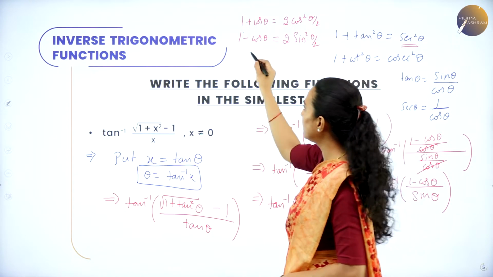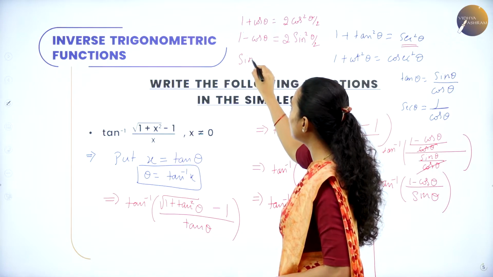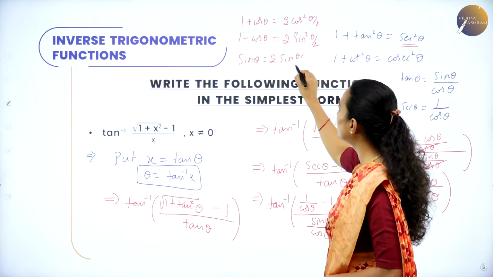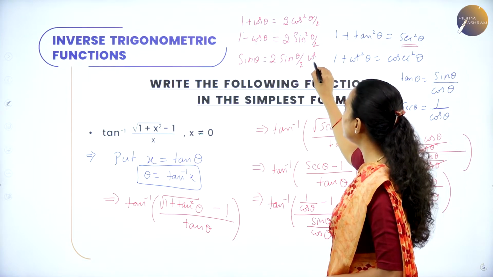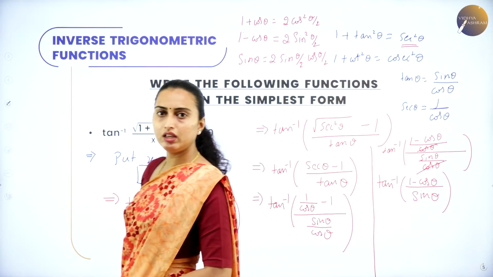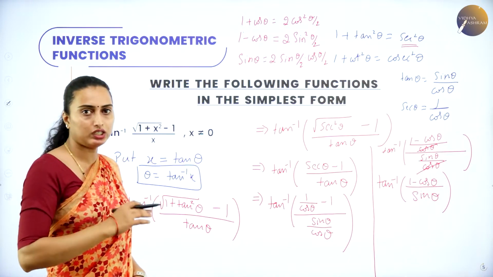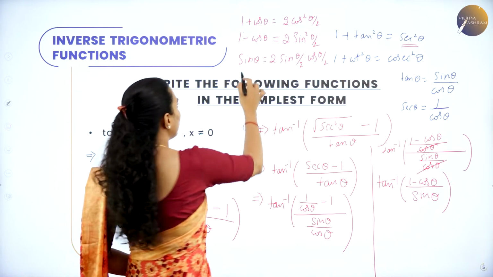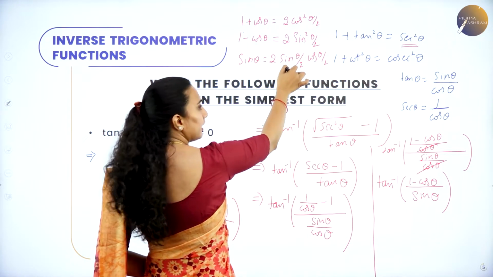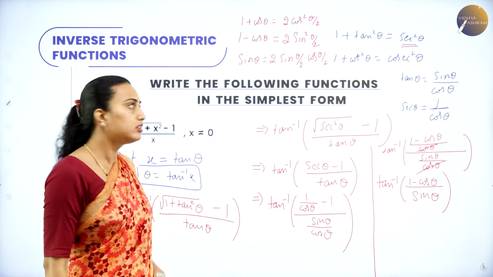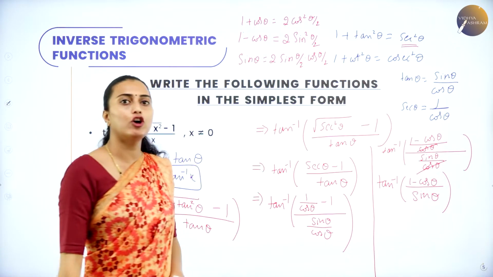Similarly, sin theta can also be written as 2 sin theta by 2 into cos theta by 2. Okay, this you have to remember. Are you getting this? This is according to sin 2 theta. Sin 2 theta is 2 sin theta into cos theta. Therefore, 2 will be divided to the angle itself: 2 sin theta by 2 into cos theta by 2. Okay, this I have taken from the form of cos 2 theta.